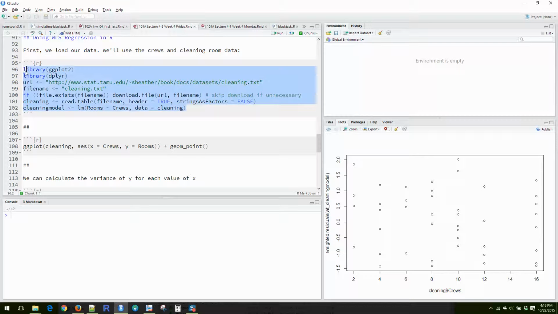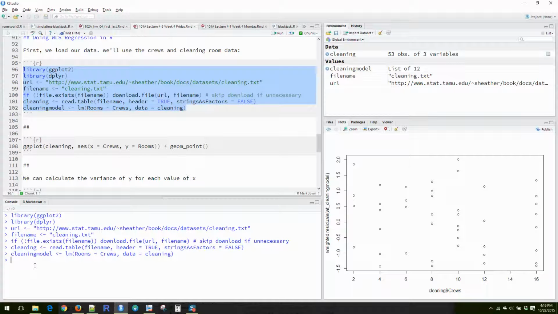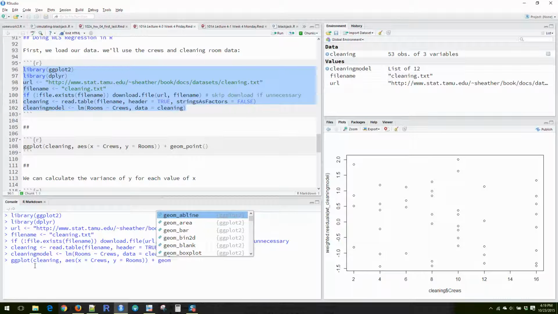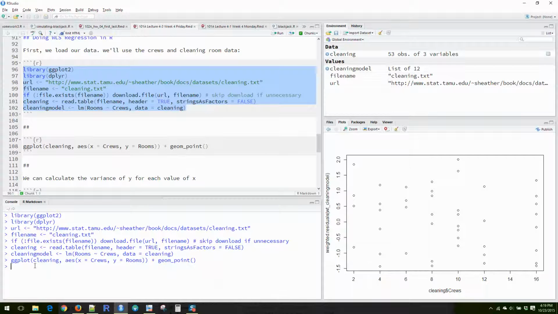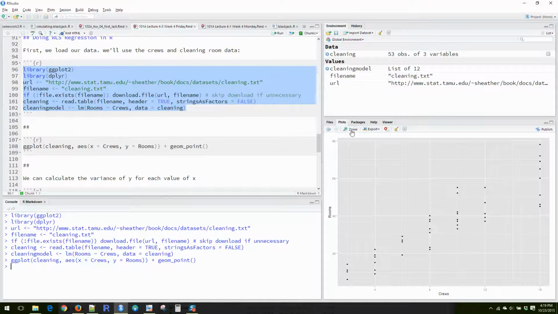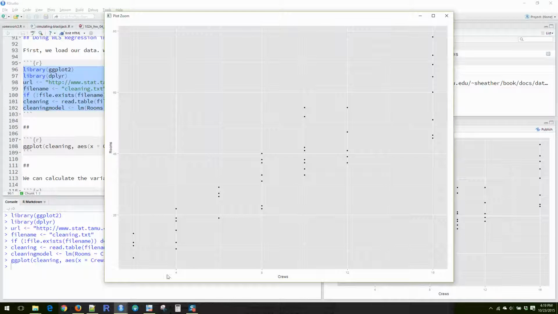Okay, in this graph we see we have data only where X is 2, 4, 6, 8, 10, 12, and 16.